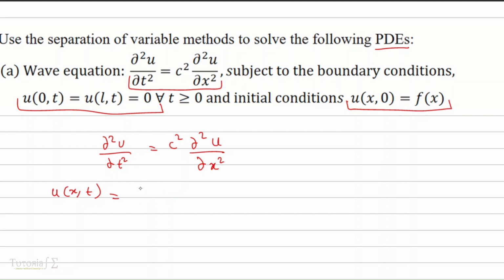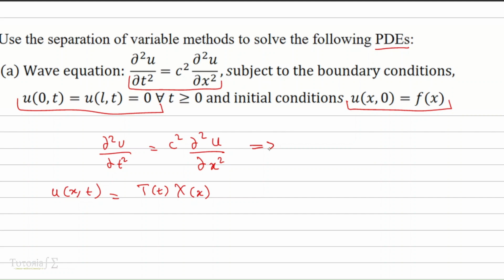So this is the general solution. Then we have to differentiate u with respect to t and u with respect to x, so that we replace in this.